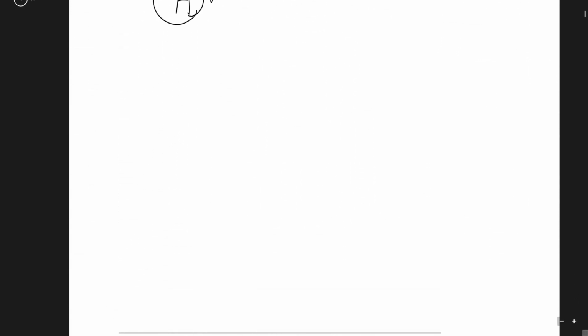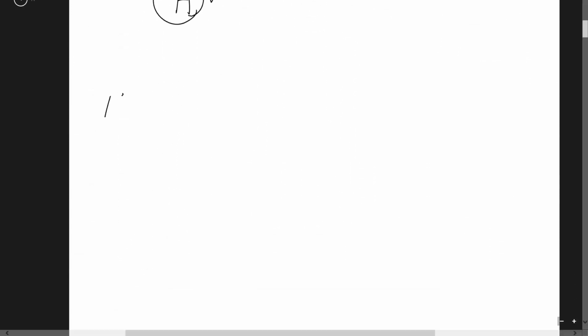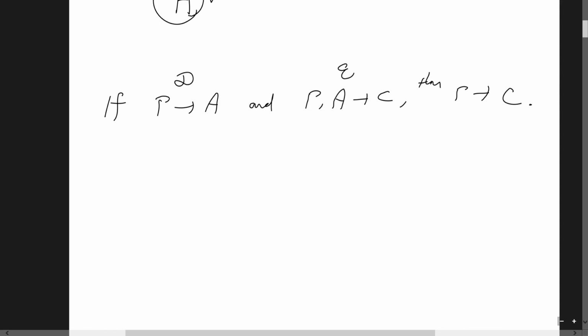So let's try to prove the admissibility of cut: gamma arrow A and gamma, A arrow C, then gamma arrow C. So this is a proof D and this is a proof E. And there are quite a few cases in the actual proof of the admissibility of the cut rule. And I'd like to highlight the proof with two representative cases.